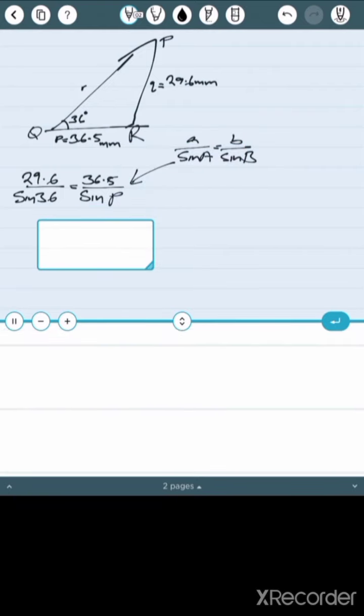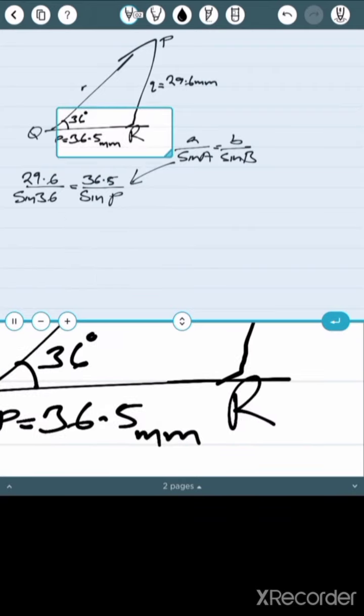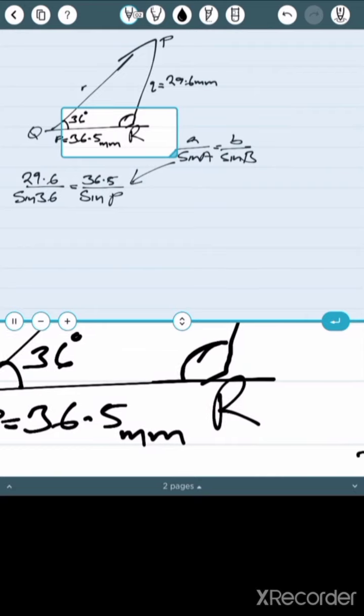So we had sine theta, which was sine 36, and we had another sine which we do not know, which is sine p, the angle we are looking for.